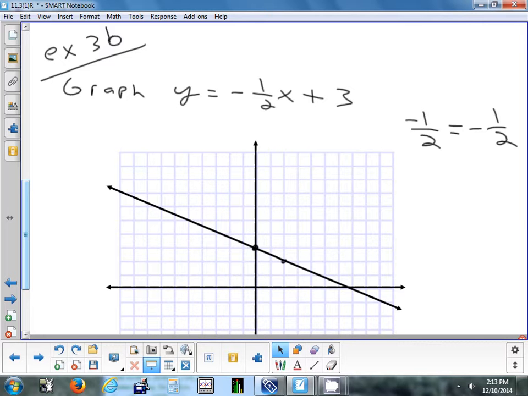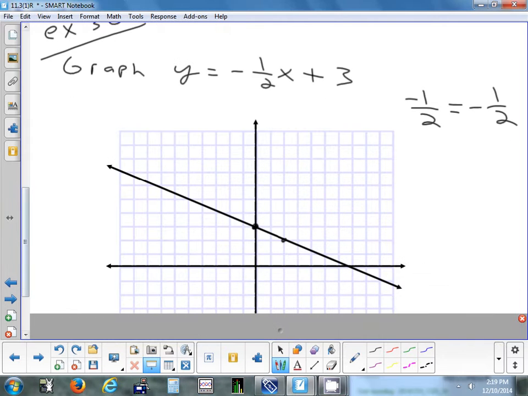If it's a negative slope, like it is in this case, you go down and to the right. You never go left. I'm not saying you can't, but then it's confusing. That negative just tells us up or down.